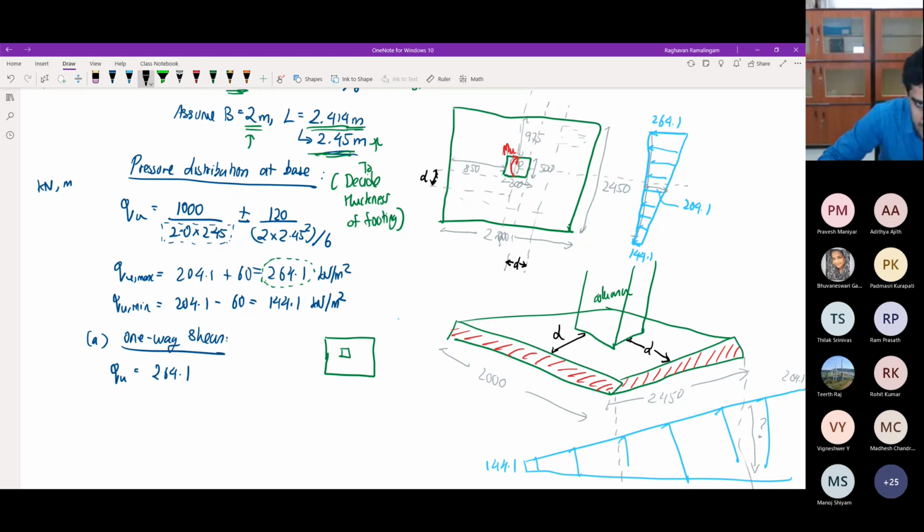So this is DD. Okay. So I've drawn only till the critical section. So this is the critical section that we are looking at. Okay, this is the critical section. I have not shown the entire footing.